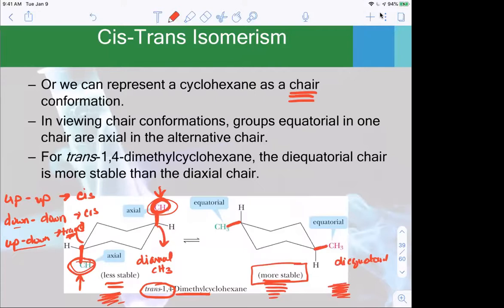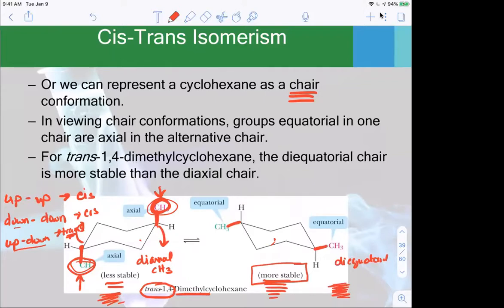So I could ask you, draw the two chair conformations for trans-1,4-dimethylcyclohexane. You would need to draw these two structures, and then I could ask you, determine which of the two chair conformations is more stable, and explain your answer.